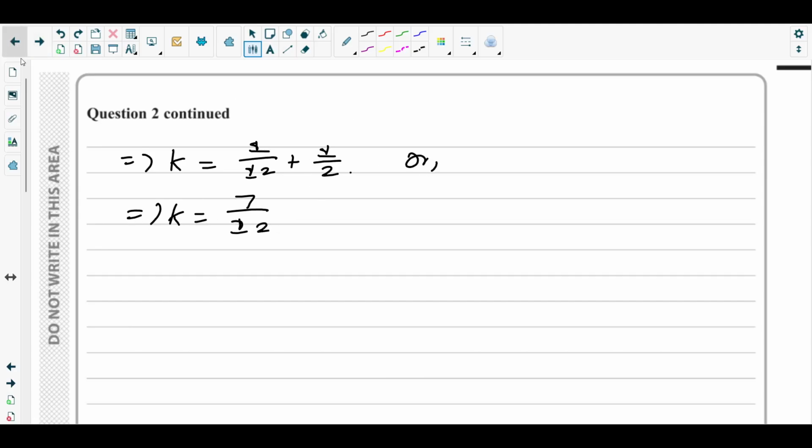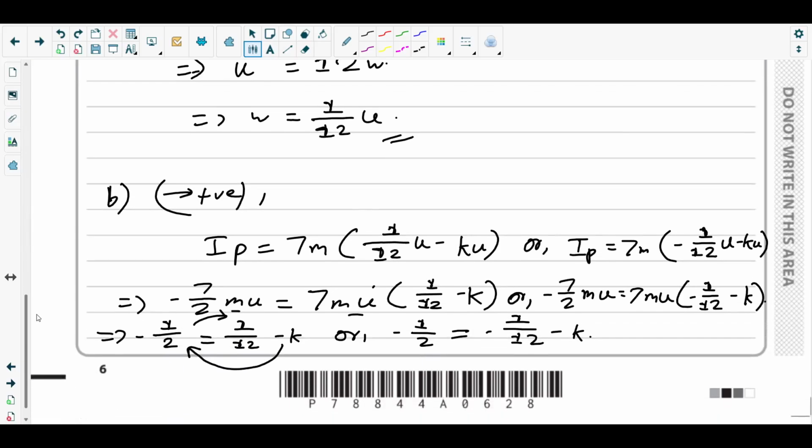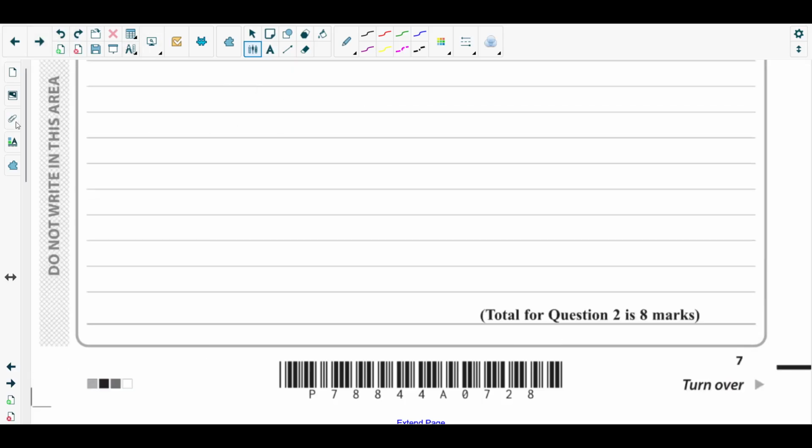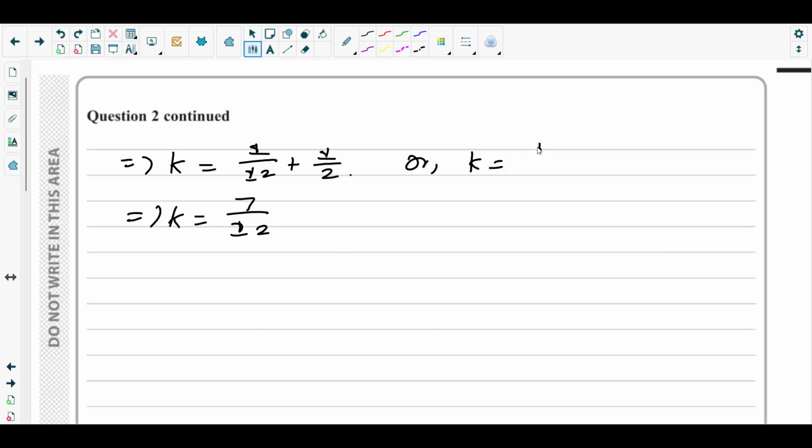Or another value for k we will get if we take k to the left and negative 1/2 to the right, so it will become positive 1/2. So half minus 1/12, it's basically 5/12. Okay, so we got the two values for k. One is 7/12, another one is 5/12. Fine.